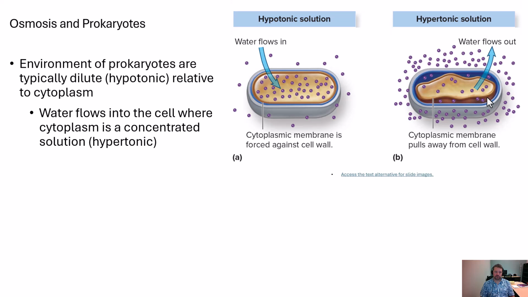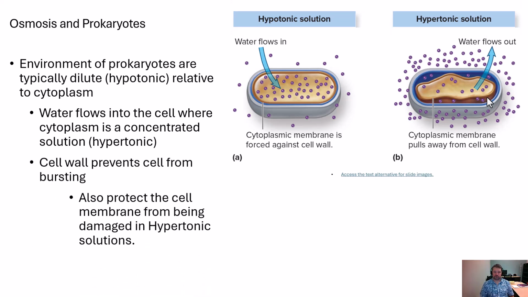Okay? So water flows into cells when the cytoplasmic solution is hypertonic. Okay, so if the solution inside is hypertonic, water's flowing in. If the solution outside is hypertonic, then water's flowing out.